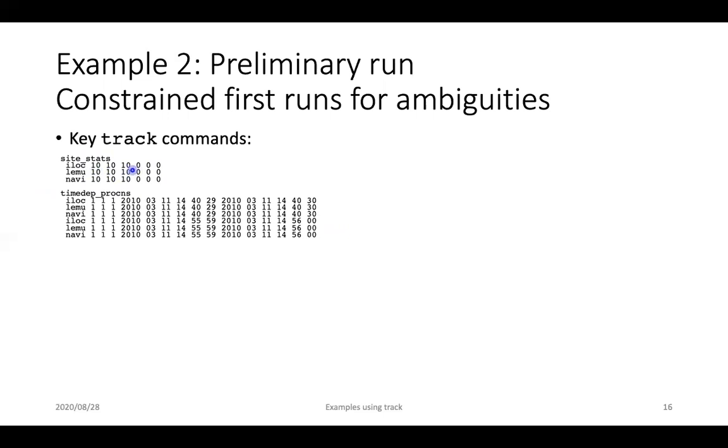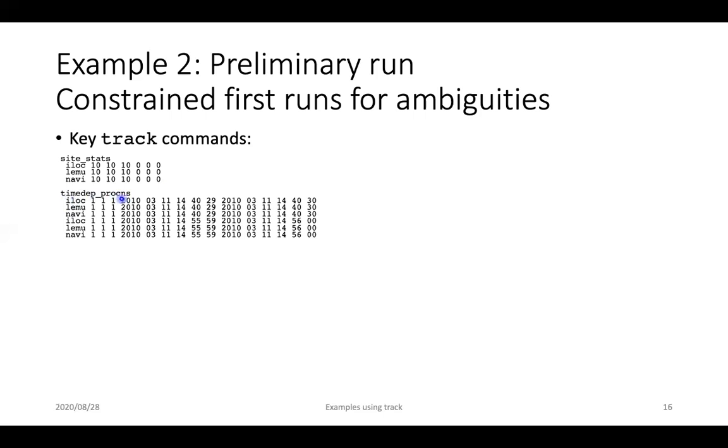They are loose in position, but the process noise, the amount that they are allowed to move with time, is set to 0. So these sites are considered static by setting the process noise, these zeros at the end of the line, to 0. However, we do know that these sites will move during the earthquakes themselves.